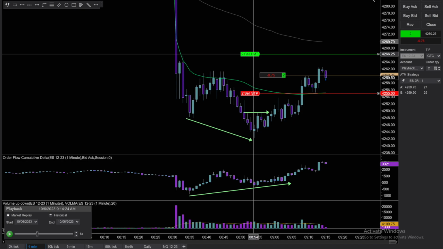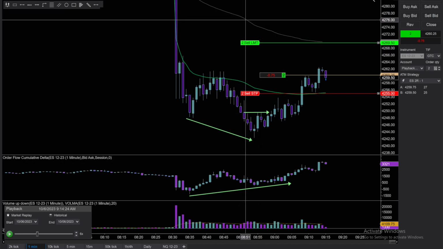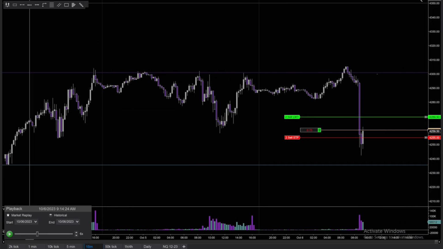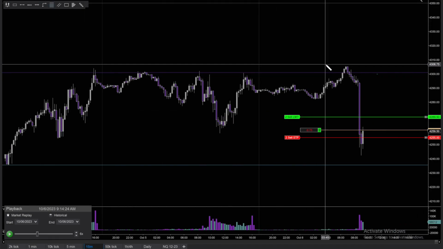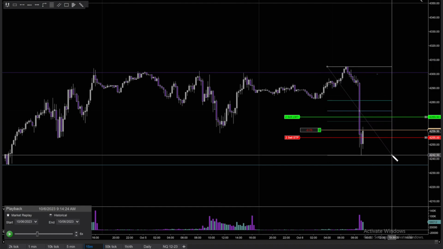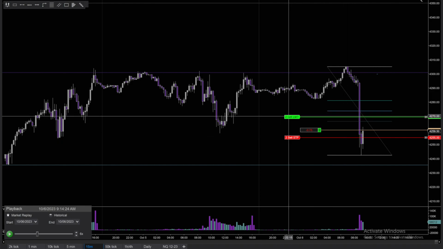Target, you have two options. One option is to target the session VWAP, which is this thin gray line right here. The other option, if we zoom back out to the 15-minute chart, is to take our Fibonacci retracement tool. Since this was a bearish impulse, this blue line is the 50% retracement.